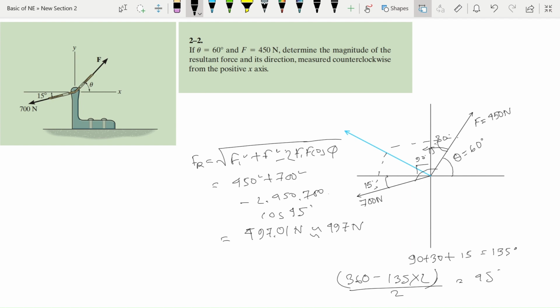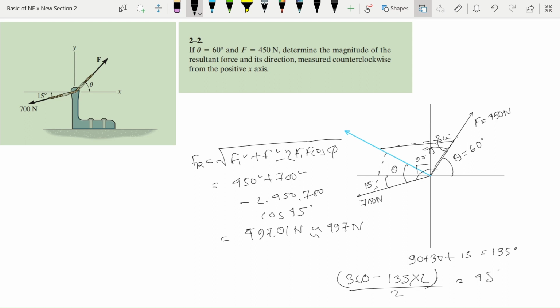Now for determining the angle, which I'm denoting by theta, we have to use the sine law. So I'm using the sine law for this angle.